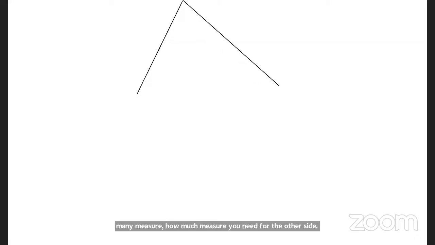Basically, you place the compass on the vertex of one side, you draw with the scale, then decide how much measure you need for the other side. You extend your compass to that measure, and from the start of your baseline, you put the pointed part there and cut an arc above.